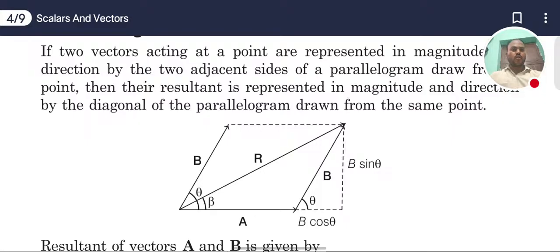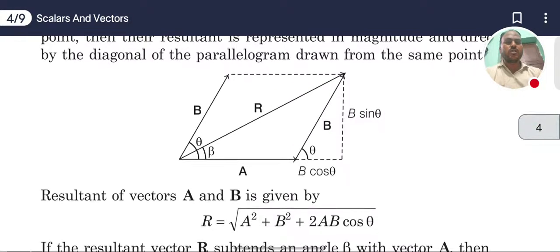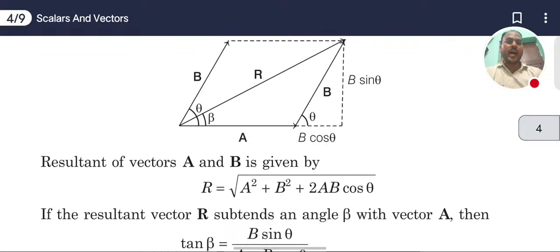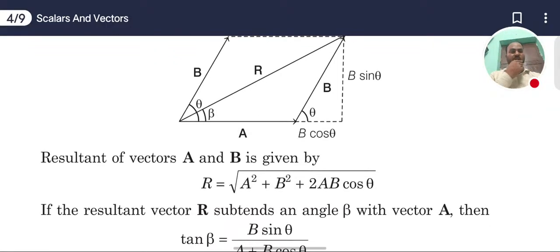And here the closing, the third side of the triangle of vectors, is considered as vector b. So here two components: b sin theta as well as b cos theta. So the resultant of vector a and b is given by R equal to, what is R? R is the resultant.